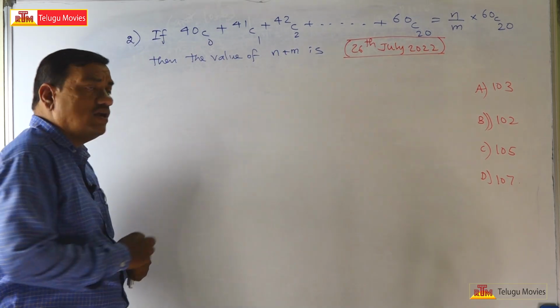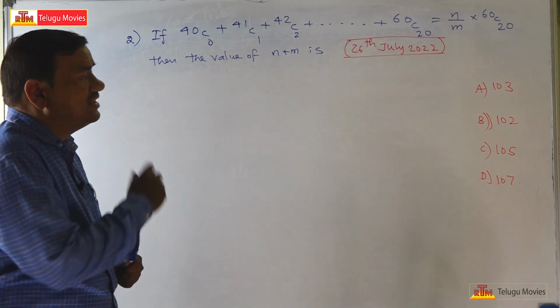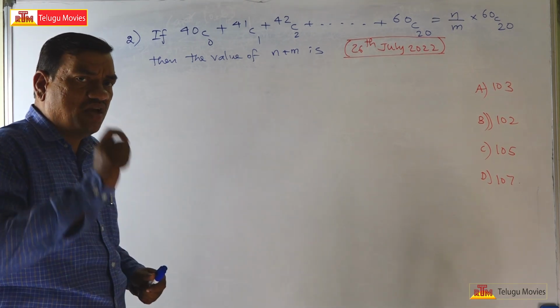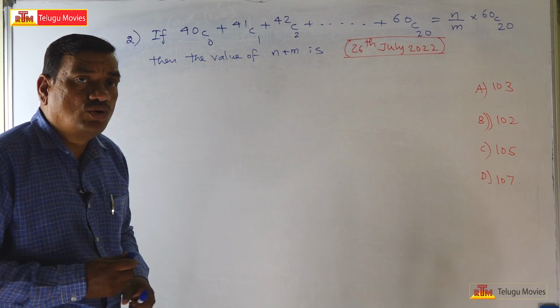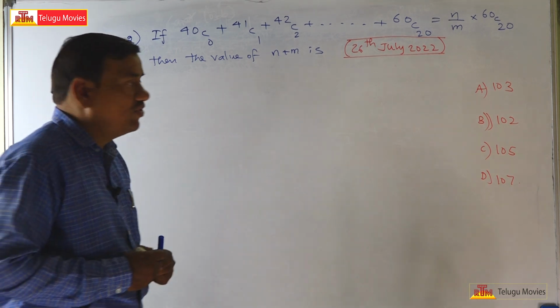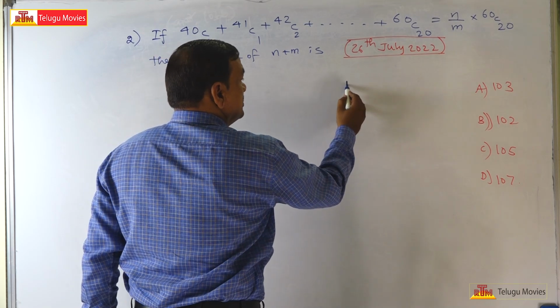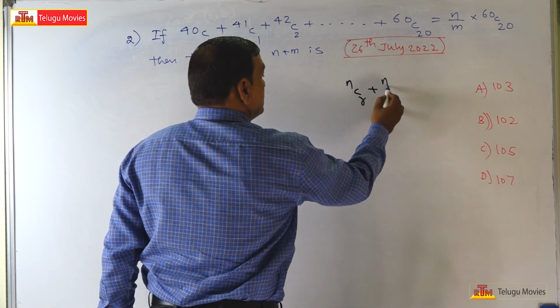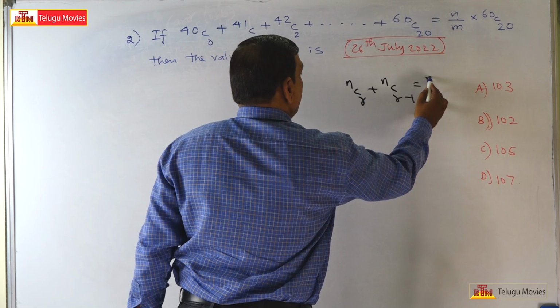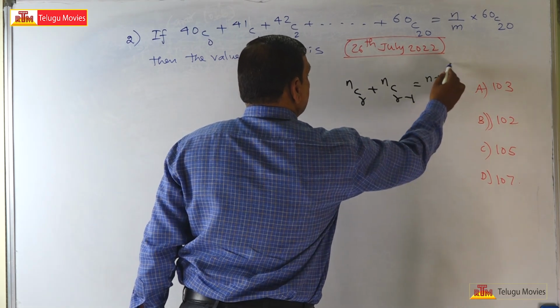So, whenever you get this type of problem, immediately you have to remember one beautiful formula in permutations and combinations, that is nCr plus nCr minus 1 is equal to n plus 1 Cr.